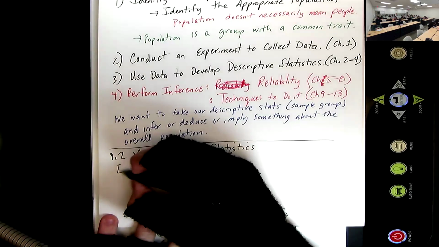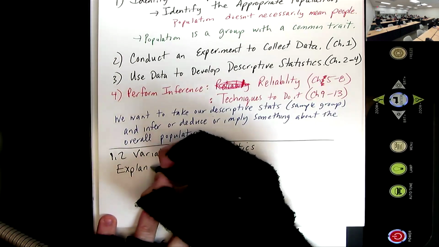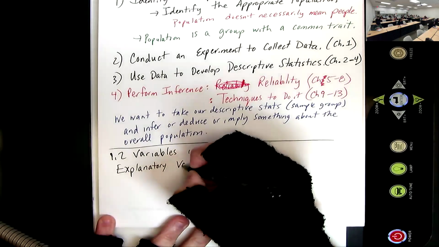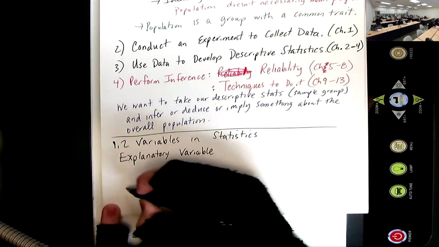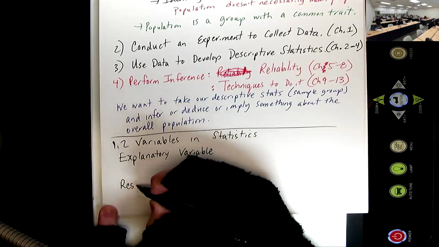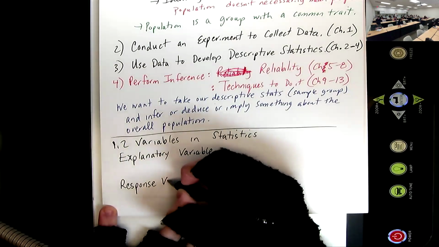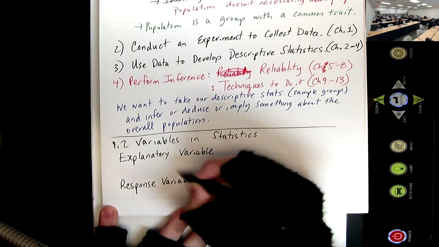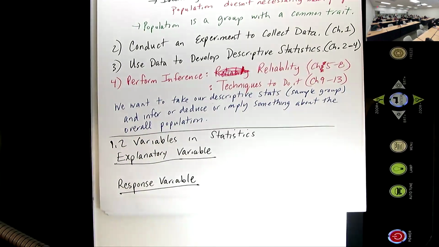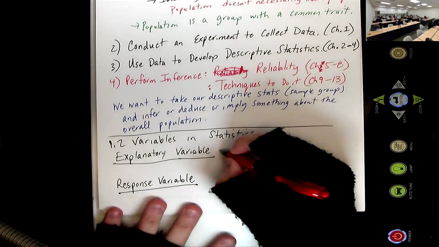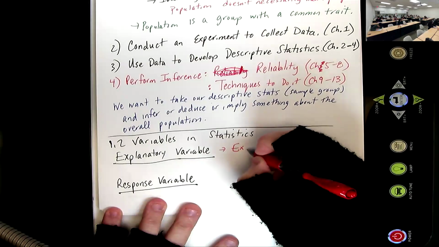We have the explanatory variable, and we have the response variable. Explanatory, it looks a lot like the word explain. This explains why an outcome may have occurred.